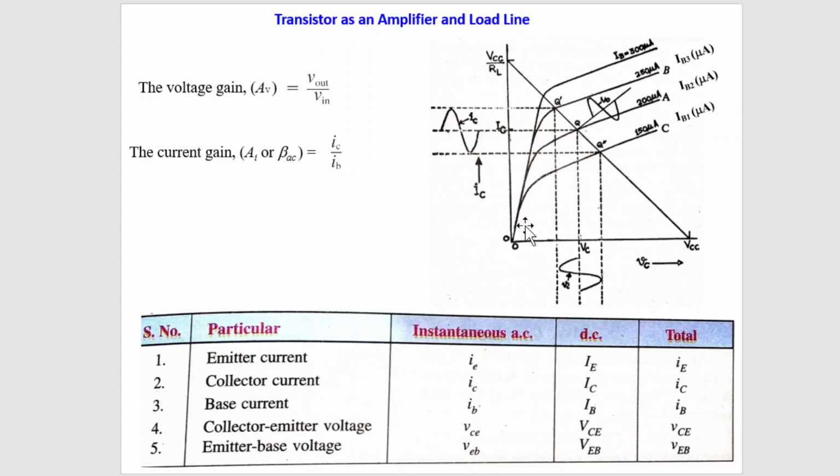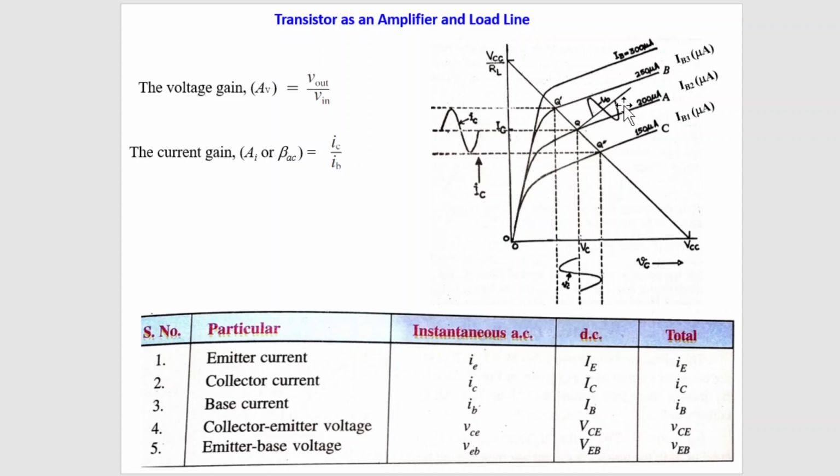The magnitude of the base current, the input current, should be such that the output is not distorted. It will give an undistorted output only when the Q point is exactly in the middle of the DC load line.